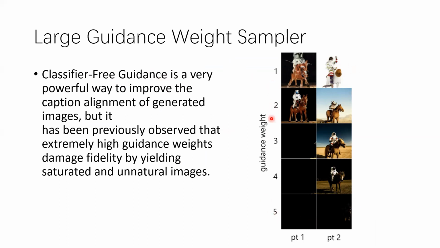Here 1, 2, 3, 4, 5 is the guidance weight. You can see that when you increase the guidance weight, the background turns black, so the background just disappears. And when the guidance weight is extremely large, the whole image just becomes a black image. So that's a problem.